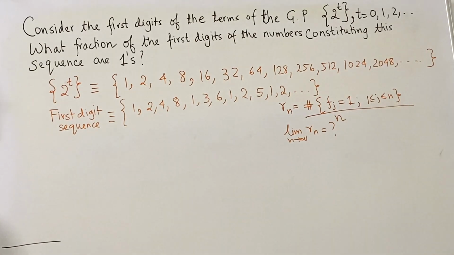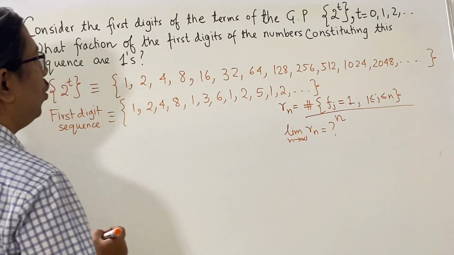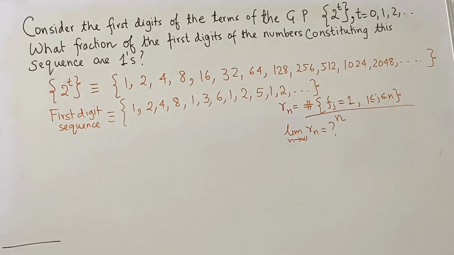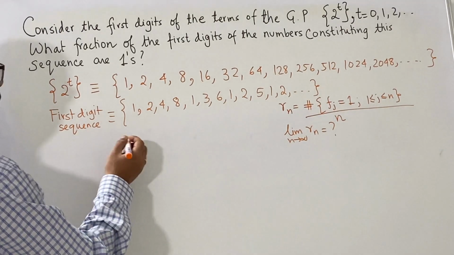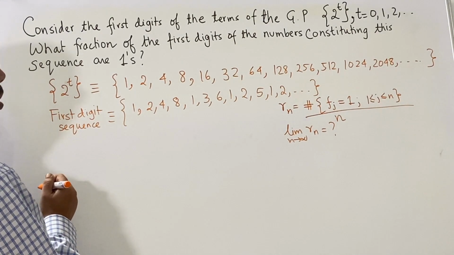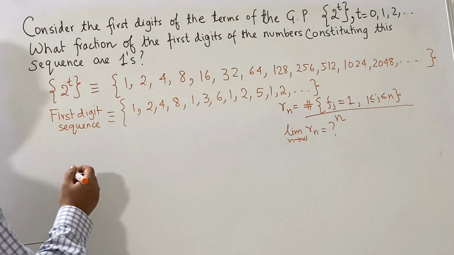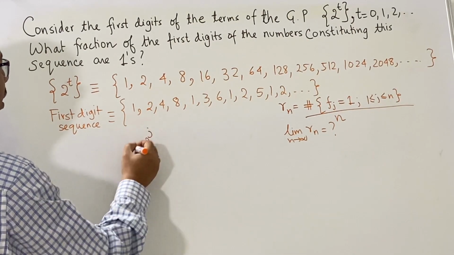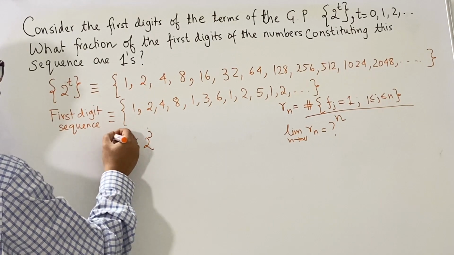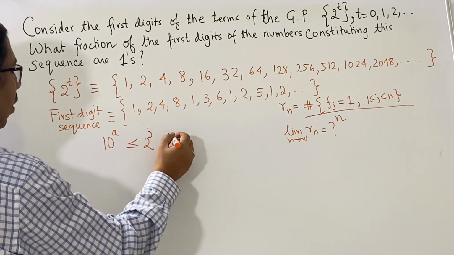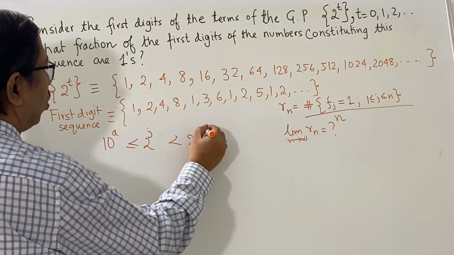Returning to our original problem, let us find the condition for which fj is equal to 1. fj is the jth term of the first digit sequence. Now the jth term will be equal to 1 if 2 power j lies between 10 to the power a and 2 into 10 to the power a.